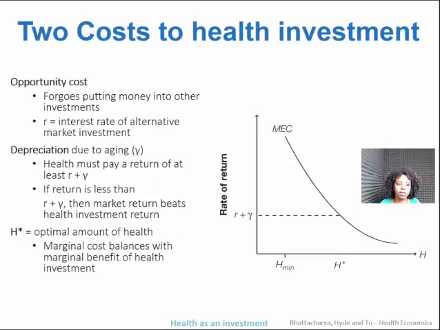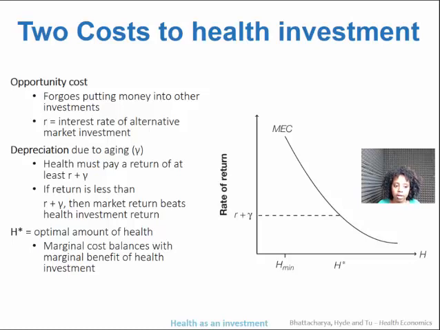So in this kind of model, there are two costs to health investment. One is the opportunity cost, and this is represented by the fact that you have to forego putting your money in other kinds of investments when you're investing in your health. That cost is represented by R, which is the rate of return, the interest rate on the alternative market investment.